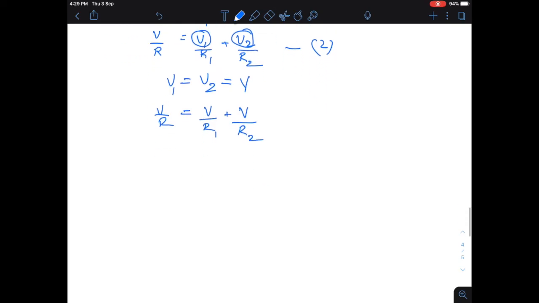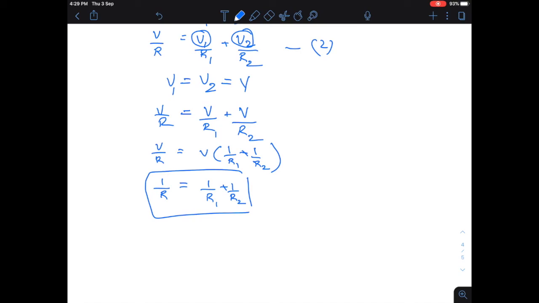So, V by R is equal to V times 1 by R1 plus 1 by R2. So, I can cancel this V. So, 1 by R is equal to 1 by R1 plus 1 by R2. So, obviously, this is the expression for the equivalent resistance in the case of parallel combination.